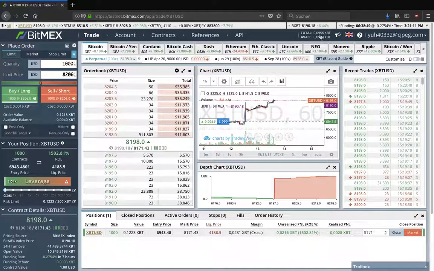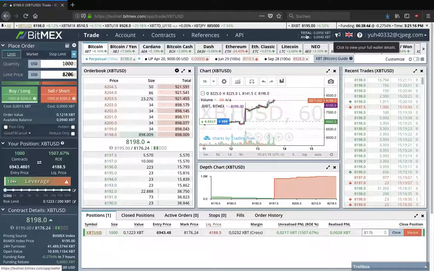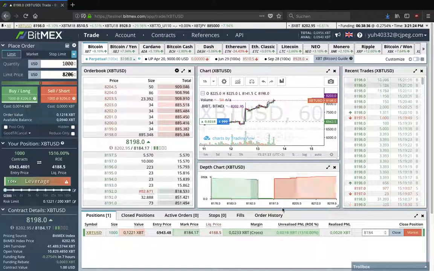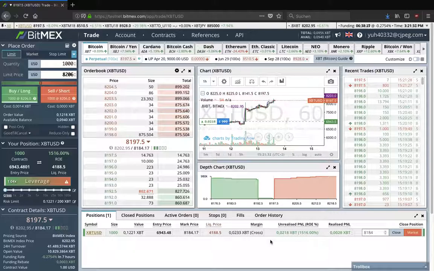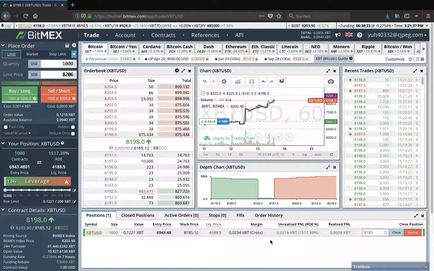Up here, the difference between my total balance and my available balance went so small it's almost unnoticeable, because BitMex now always uses the highest leverage available if you are in profit to free up as much margin as possible for your position. So that's the difference between isolated margin and cross margin.